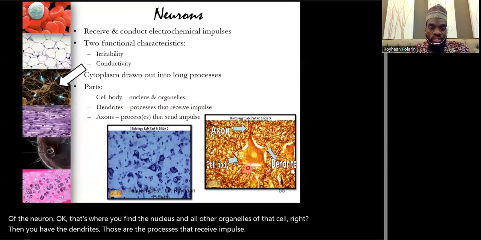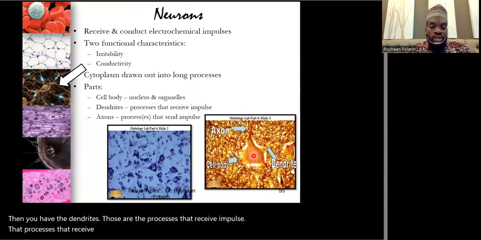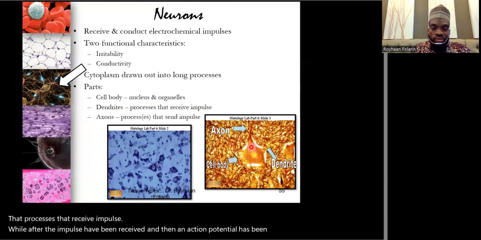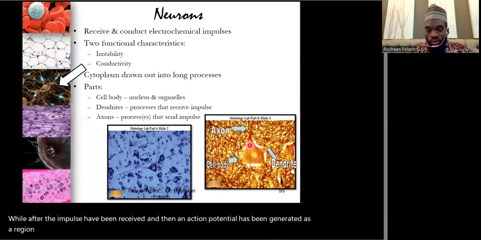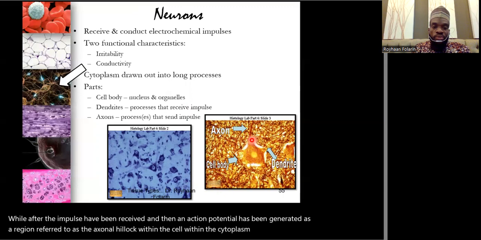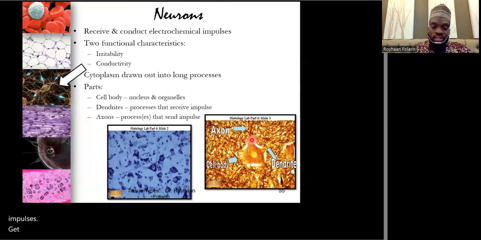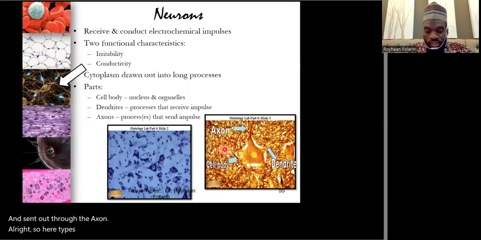While after the impulse has been received and an action potential has been generated at a region referred to as the axon hillock within the cytoplasm, then those impulses get processed and sent out through the axon. All right. So here are typical illustrations of the neurons.